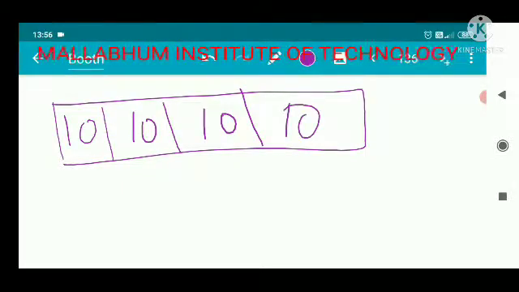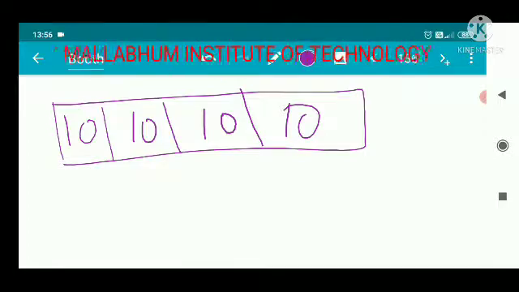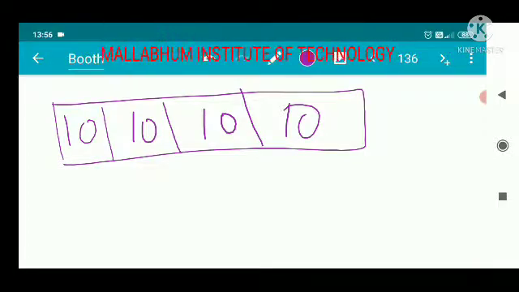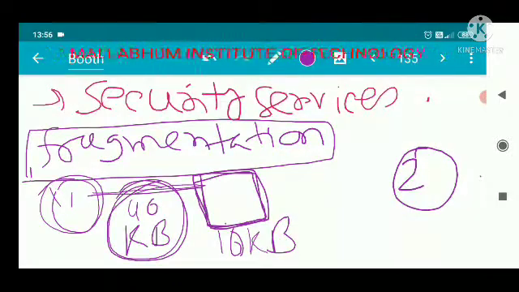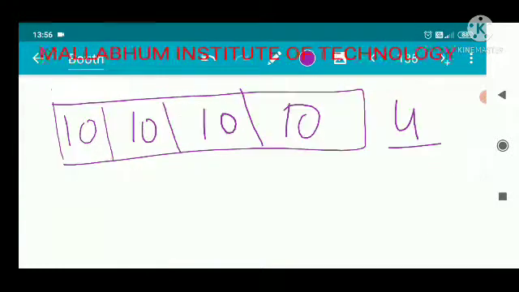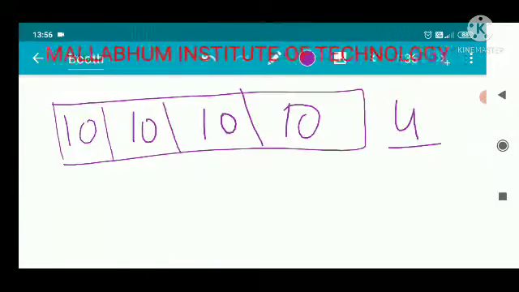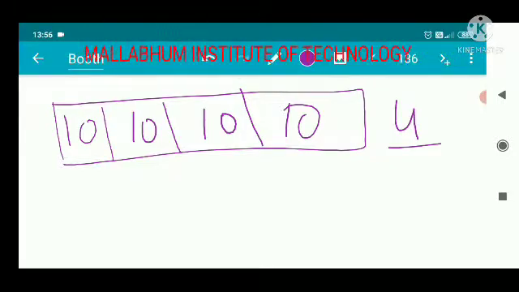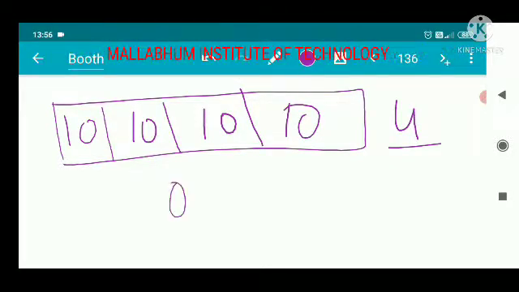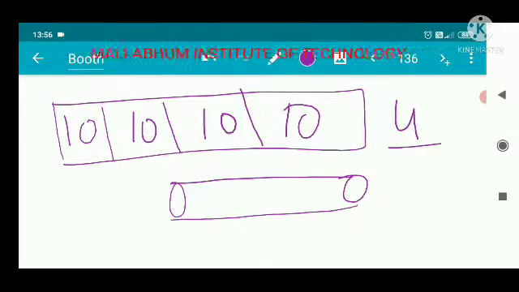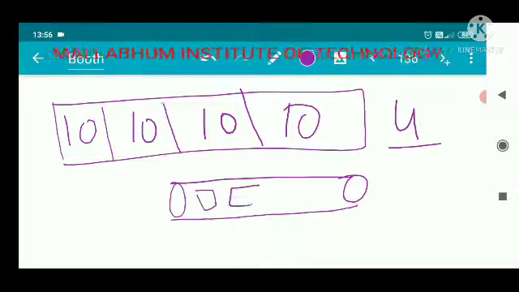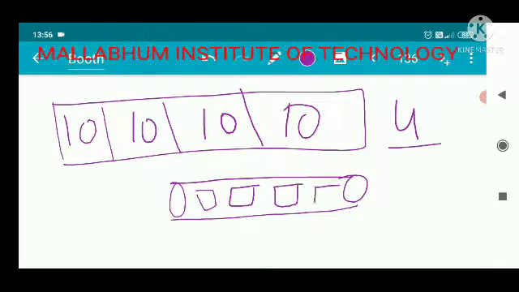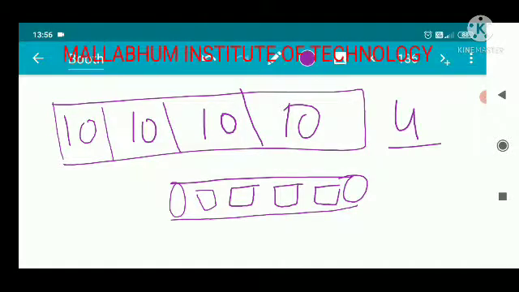Fragmentation means it will divide the data into 4 parts and send the data one by one.